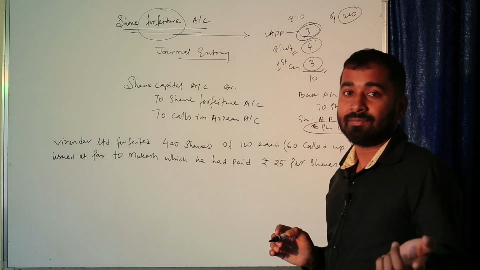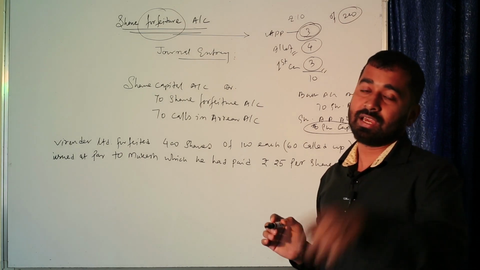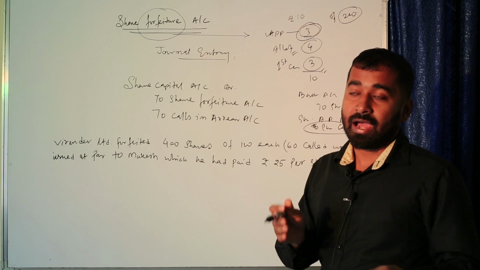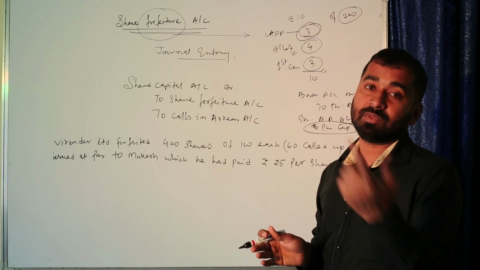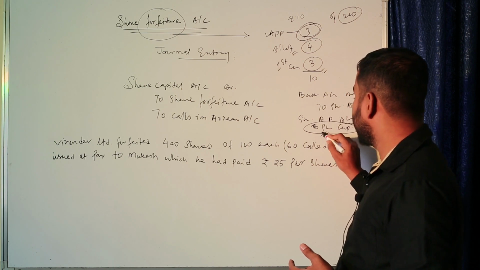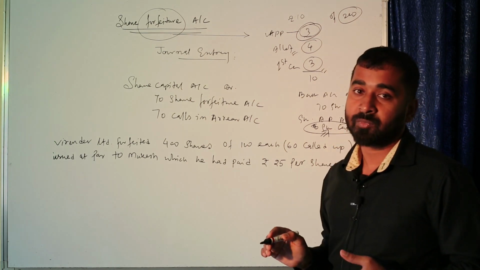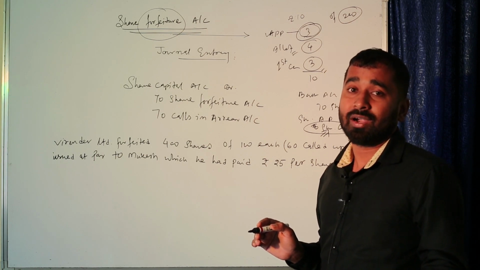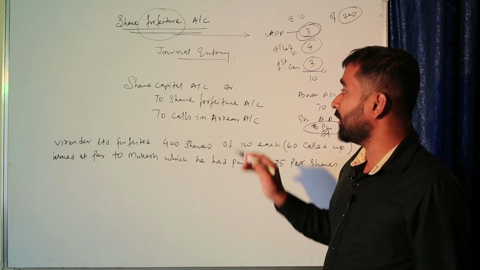So when all that money has been transferred to the share capital, definitely when the company cancels the shares, I should get that money back from the share capital. When I transferred to share capital, I wrote to share capital. So when I get the money back from share capital, what should I do? Share capital account debit.